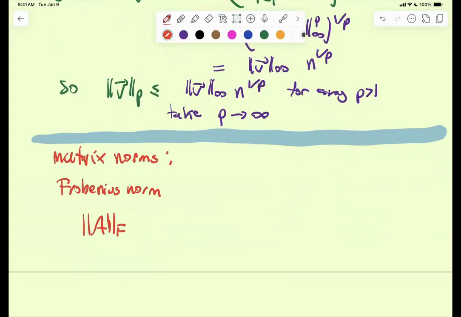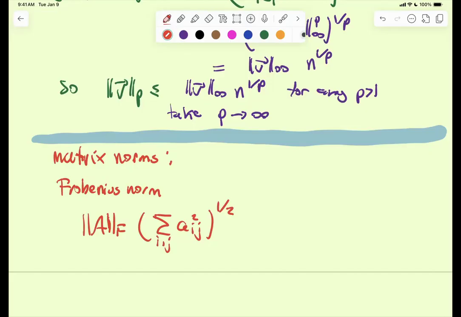There are a couple of ways to think about it. One is it's basically the Pythagoras theorem for all the entries of the matrix. So it is the sum over i and j of a_ij squared, to the 1/2.